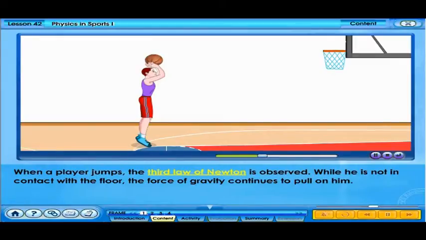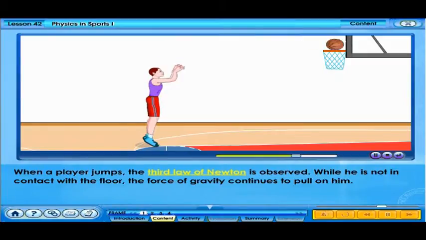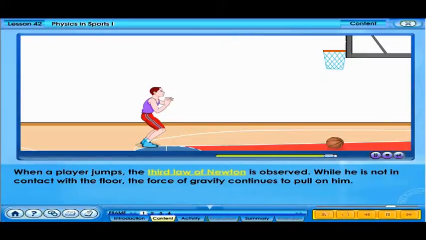The moment he leaps upwards, his torso gains velocity, continuously creating an upward acceleration and net force. The moment the player jumps away from Earth, the normal contact force vanishes as he exerts no weight onto Earth, but the gravitational force remains and pulls on him.